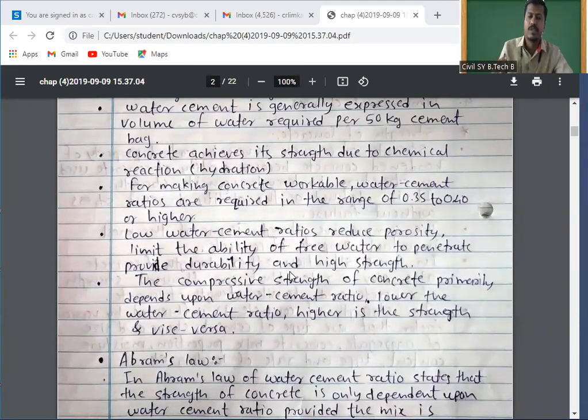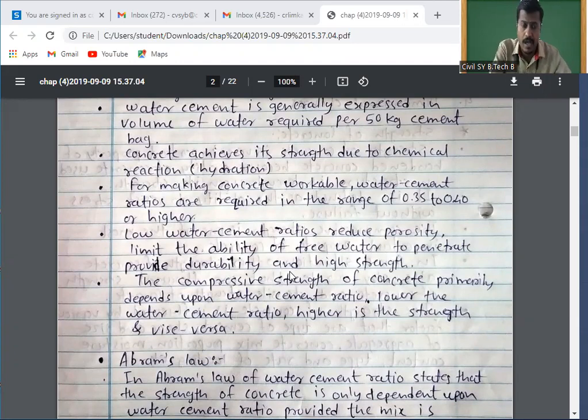But if you do some malpractice regarding the water to cement ratio, if you have taken it wrongly, then it will adversely impact the strength of your concrete. The compressive strength of concrete depends upon the water to cement ratio. The lower the water to cement ratio, the higher the strength, and vice versa. Always remember that.